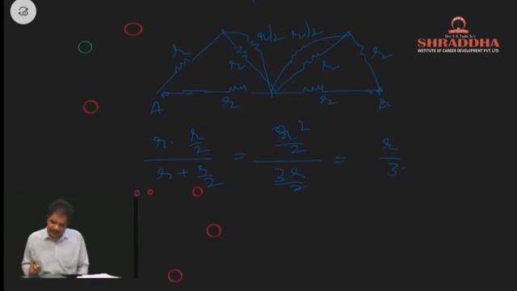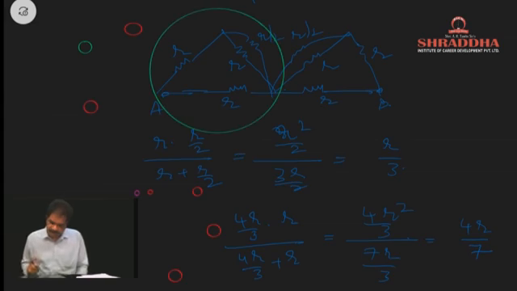R plus R by 3 will be 4R by 3. 4R by 3 will be parallel to this R. So 4R by 3 into R by 4R by 3 plus R. So 4R square by 3 divided by 7R by 3. This value is 4R by 7.